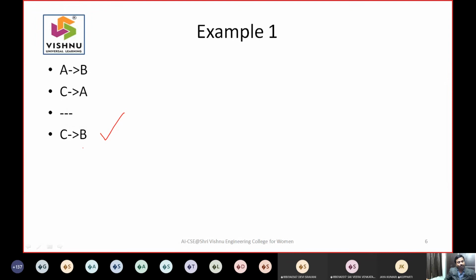Yes or no? Yes, sir. Yes, what you said is right. But see, the interesting thing here is, when we know C to B is valid, how can we answer this query using the rules we have? I have 3 rules, and how many inference rules do I have? Only one.